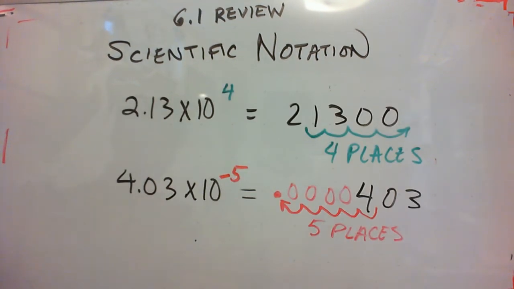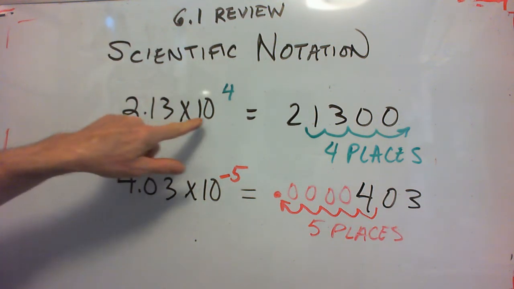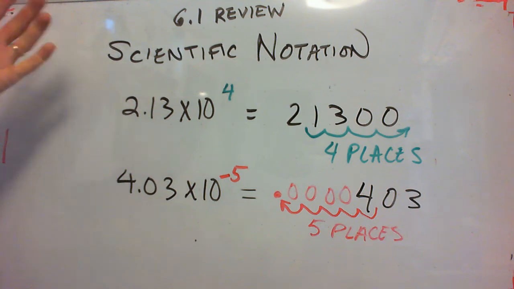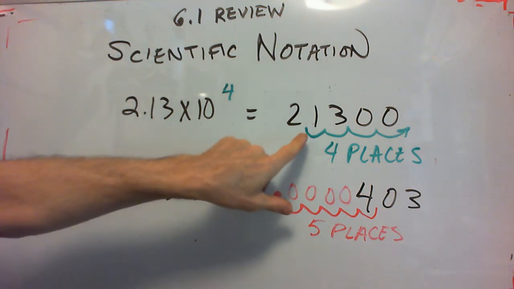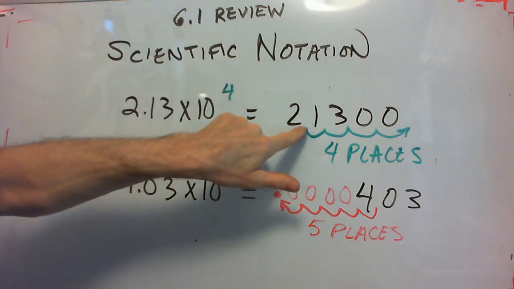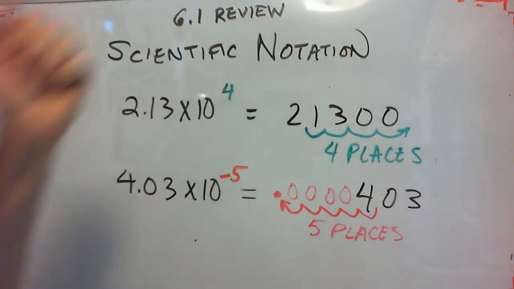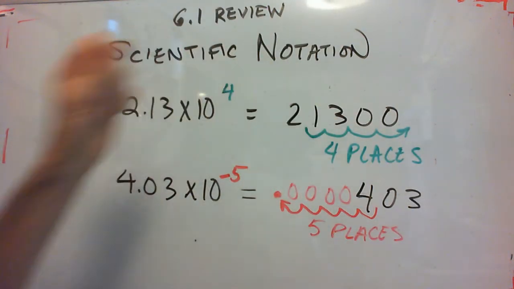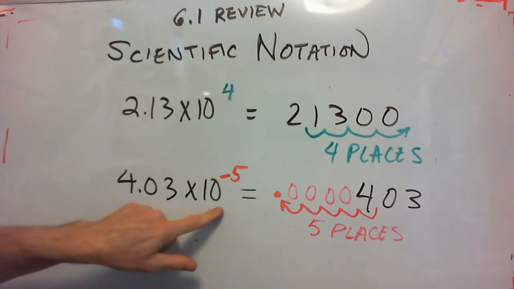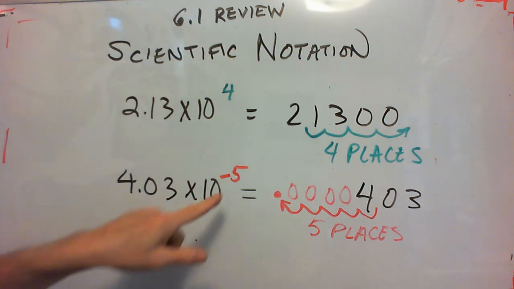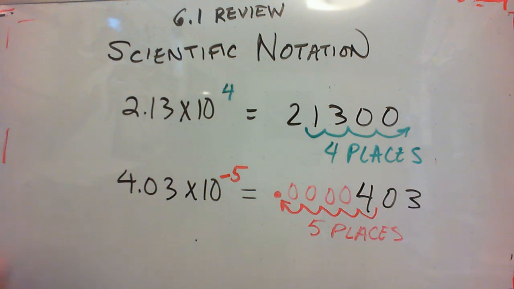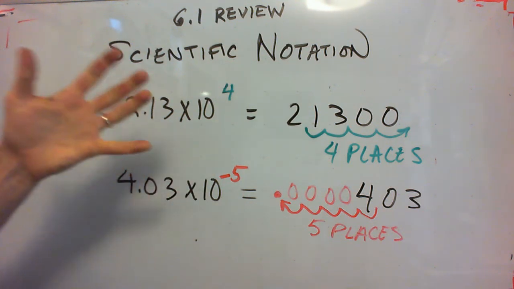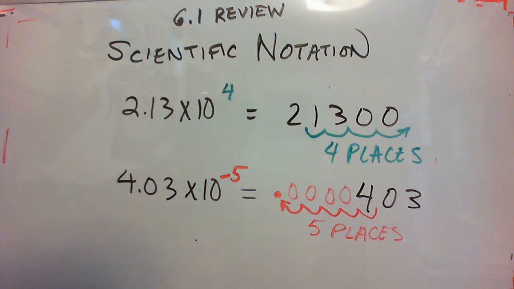So here in these two examples, 2.13 times 10 to the 4th, the positive power on 10 means it's a big number. To rewrite it in non-scientific notation, we move the decimal point 4 places to the right to make it this big number, 21,300. 4.03 times 10 to the negative 5th, the negative power means small number, because that really means we're multiplying by 1 over 10 to the 5th, or we're dividing by 10 to the 5th.